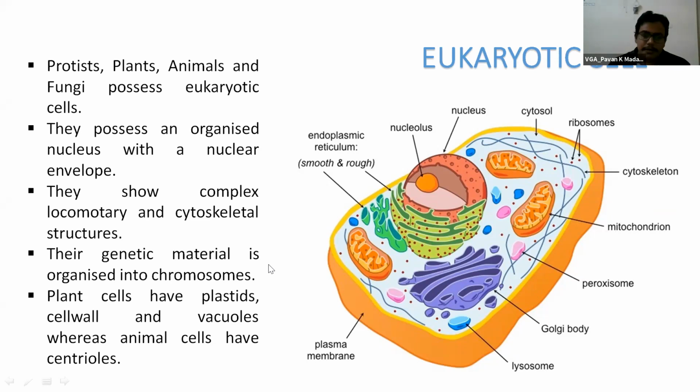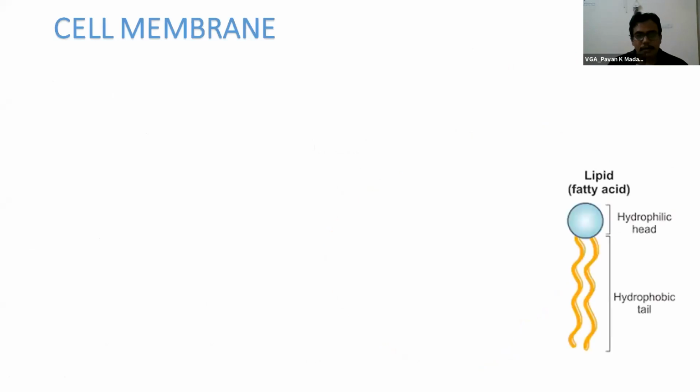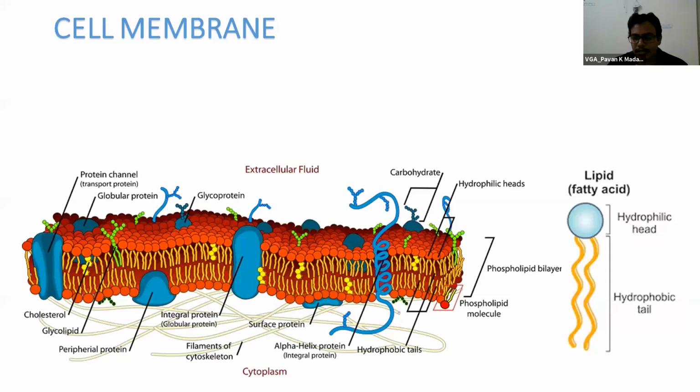Now let us move on to the next slide, where we talk about the cell membrane. You can see here it is a phospholipid bilayer. These circles we call the head, and you can see the yellow-colored tail-like structures.